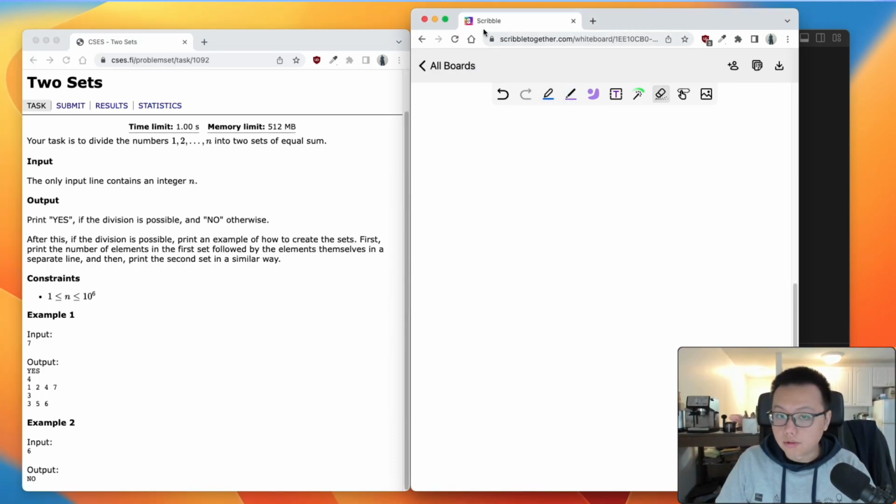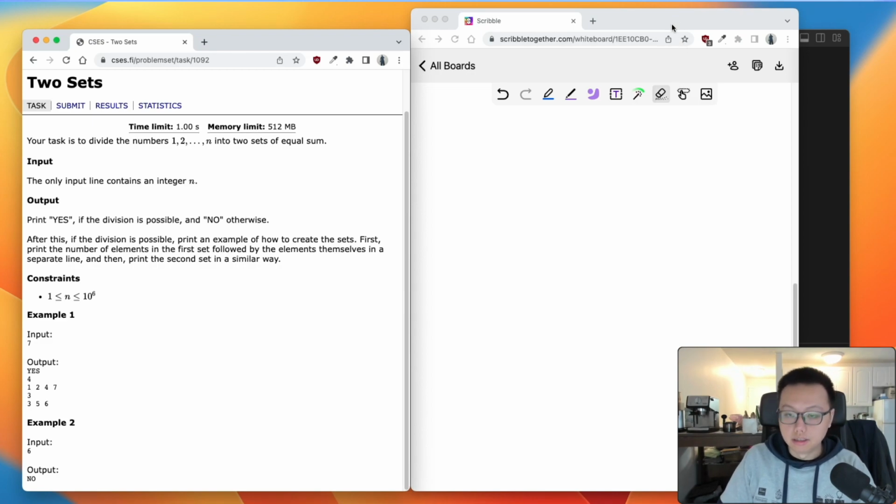To solve this problem, we can start by checking the sum of the two sets. If we write out all the sum, it should be equal to 1 plus 2 plus 3 up to n, right? And that equals n times n plus 1 divided by 2.